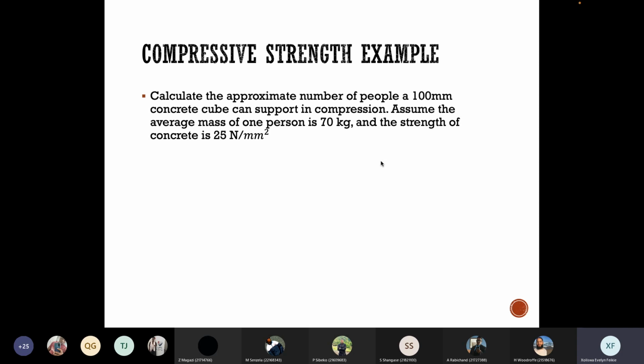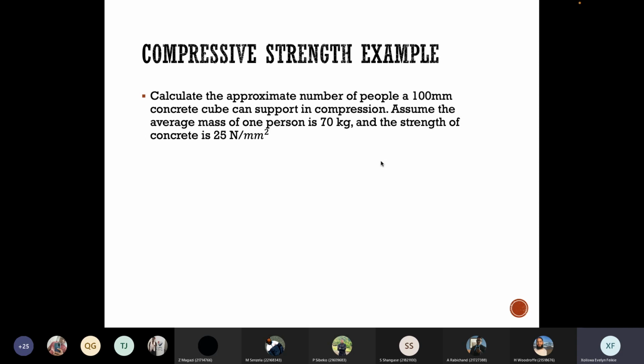So you already know that the average person, that's the amount of force they will exert on that particular cube. If that is the amount one individual is exerting on the cube, then we need to know how much force the cube can hold first, because you already know one person can exert this amount in newtons.